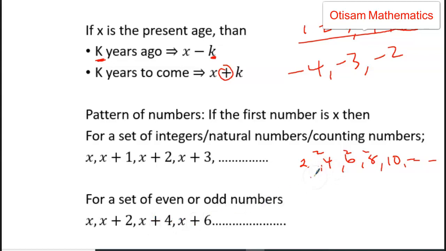For odd numbers, let's start with 1, 3, 5, 7, 9. So here too the difference is 2. So for a set of even numbers and then odd numbers, the pattern is the same. When the first unknown variable is X, the next number will be X plus 2. The next number will be X plus 4.